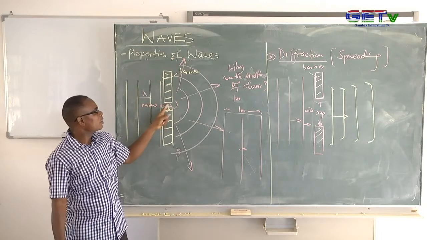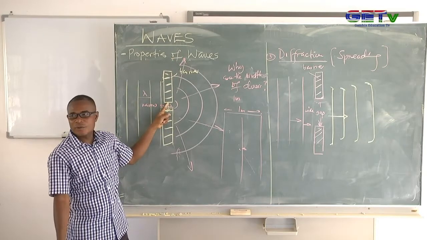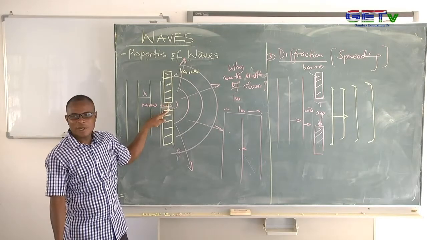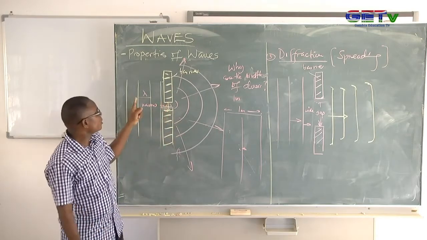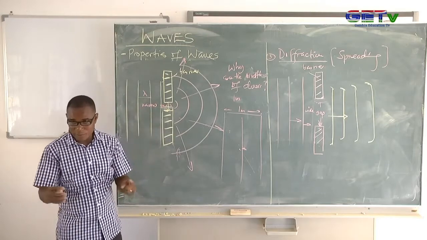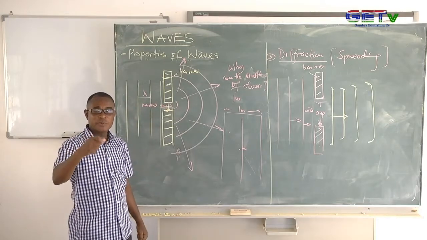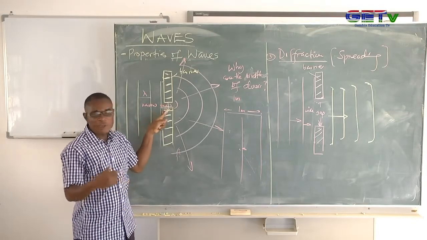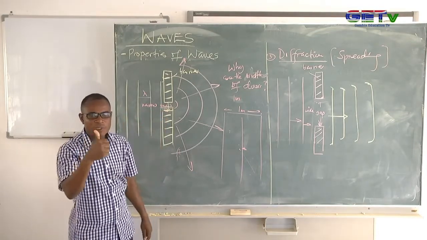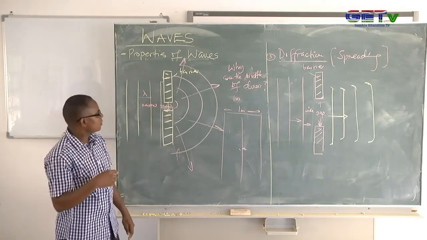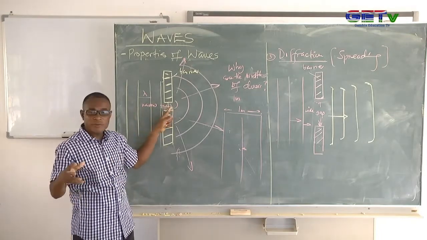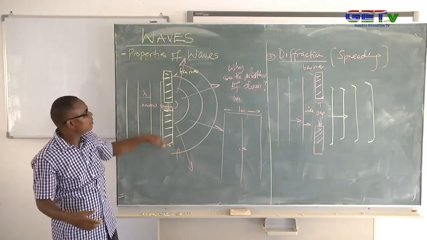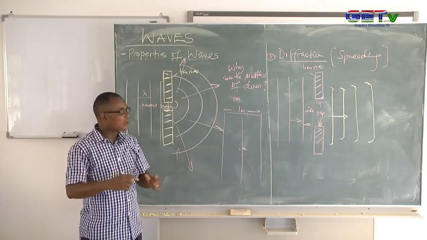So if you want to get acute spreading of the wave, then as an engineer, you should make sure the width of the doors is 1 meter, because the wavelength of normal conversation is around 1 meter. So as I'm conversing, the wavelength of the sound I produce is 1 meter. Then if I make the door where the wave is coming to pass through also 1 meter, and they have the same nature, then the wave has to spread very wide, and the human being trying to listen to you along the corridor will get it. So that is the reason why the width of doors is 1 meter.